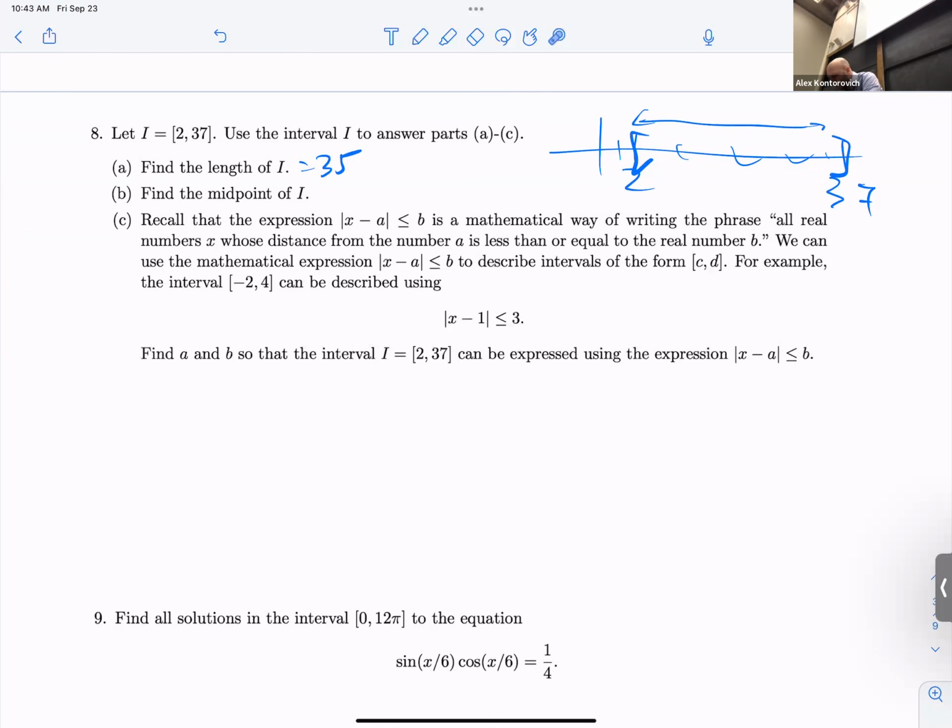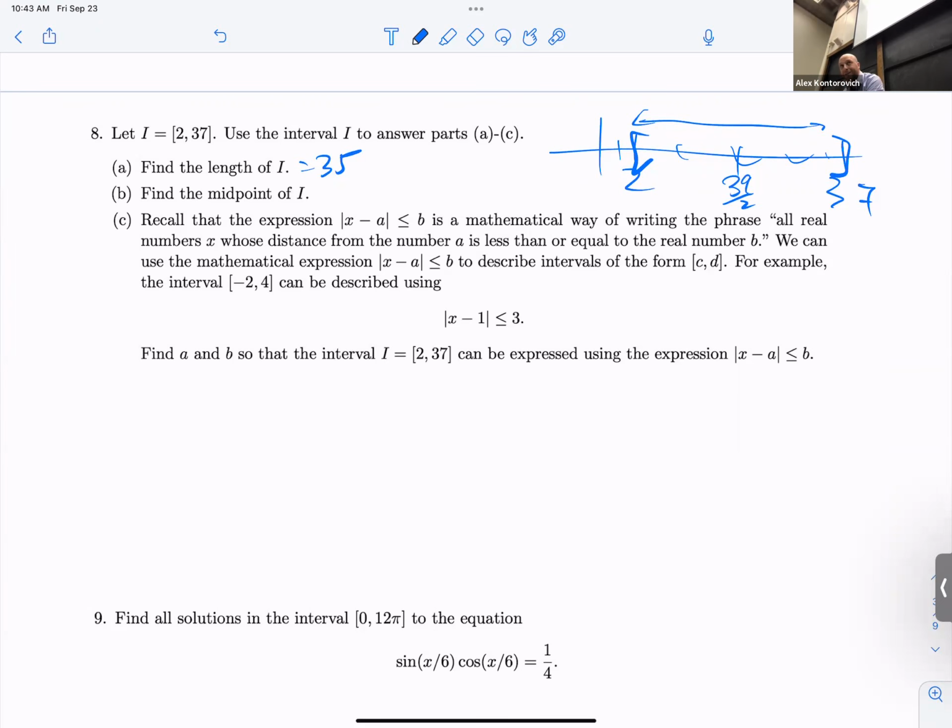Or alternatively, if the total distance is 35, then I need 35 halves in each direction. And so 35 halves is somewhere here. So what do you want to say? 39 halves? Their average is 39 halves? Did I get that right? Hang on a second. Don't tell me.